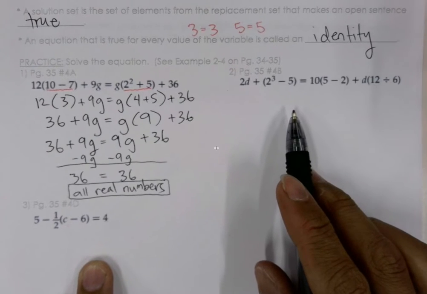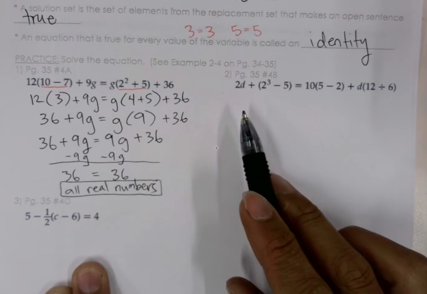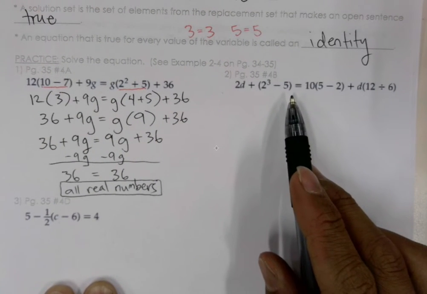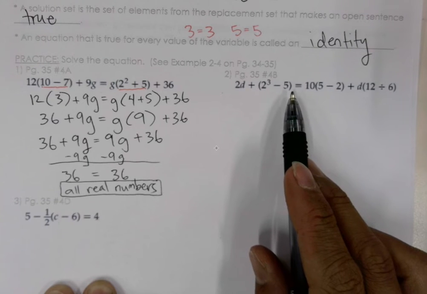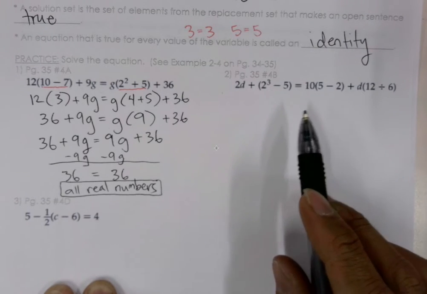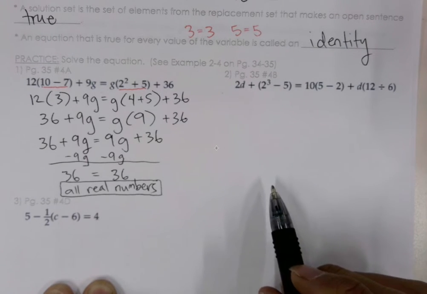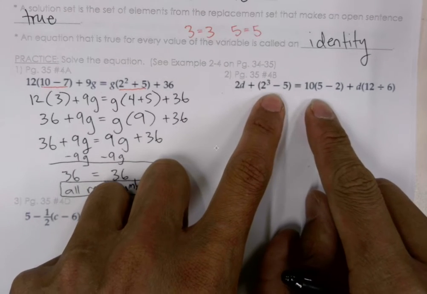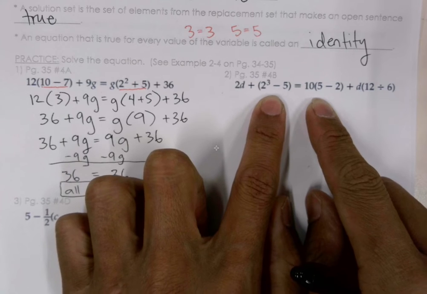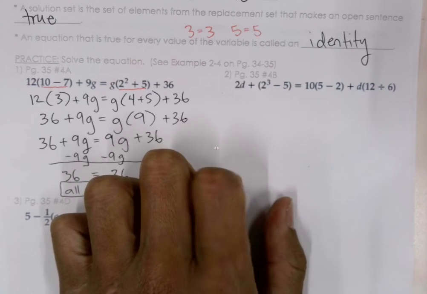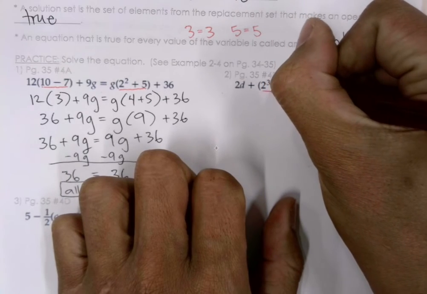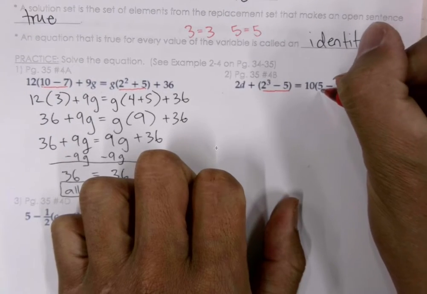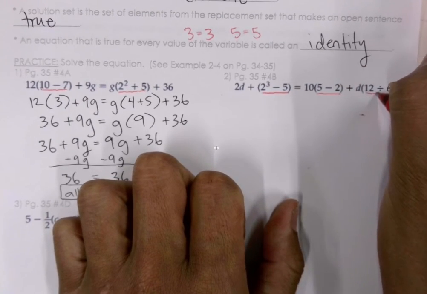Let's move on to the next equation. Again, we need to run PEMDAS on the left side of the equal sign and also the right side of the equal sign. And we have parentheses as our highest order of operation. So we are looking at this expression, and that expression.